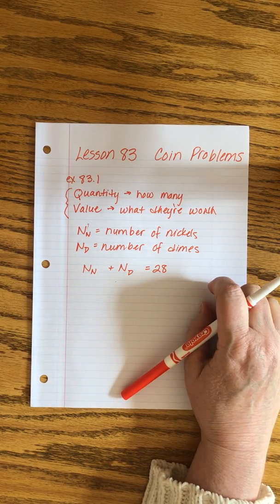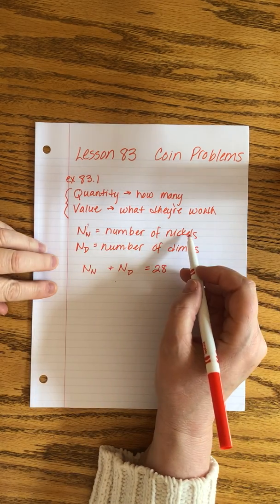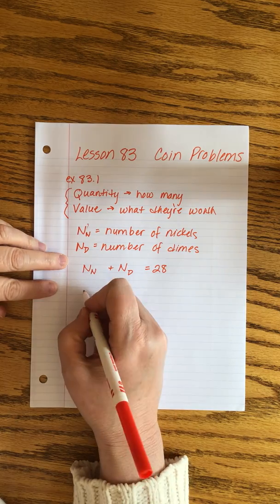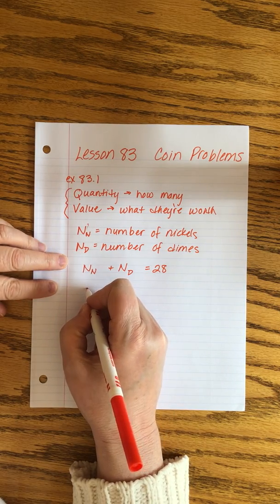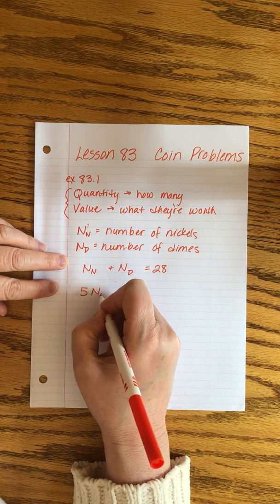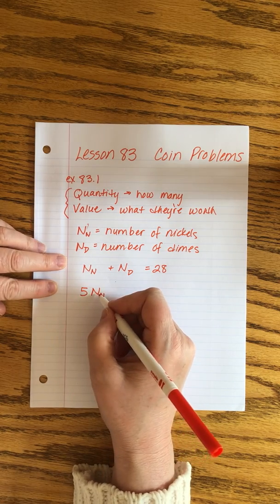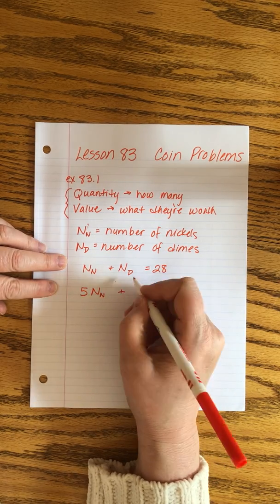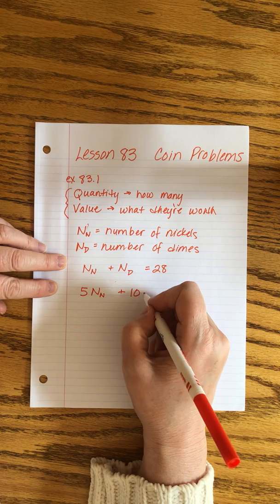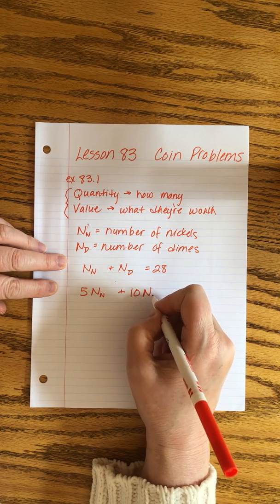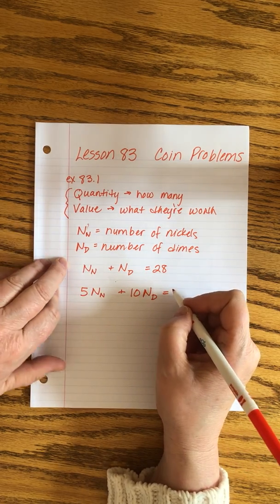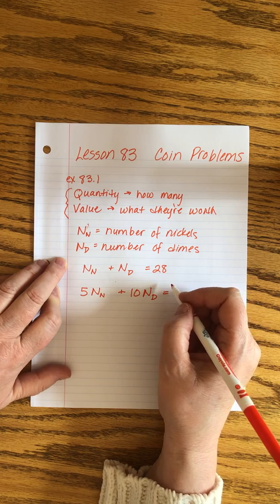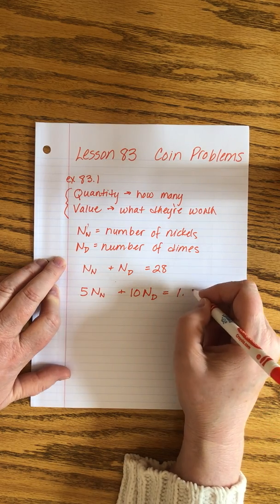So when you find the value of the nickels, you count up the number of nickels, and you know they're 5 cents each. So 5 times the number of nickels, 5 cents times however many nickels you have, plus dimes are 10 times the number of dimes equals, now I'm going to do something that's wrong right here, and then we'll fix it, $1.95.